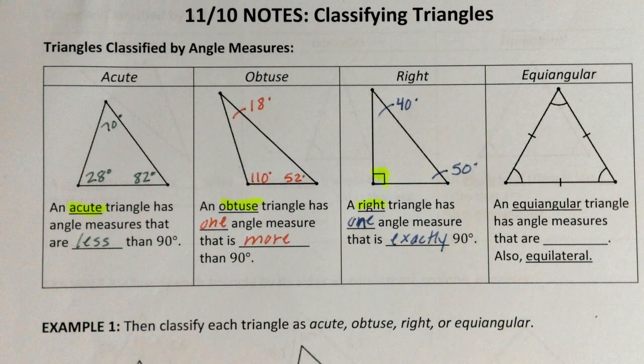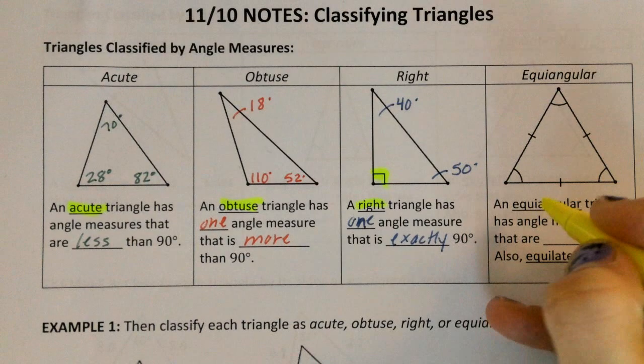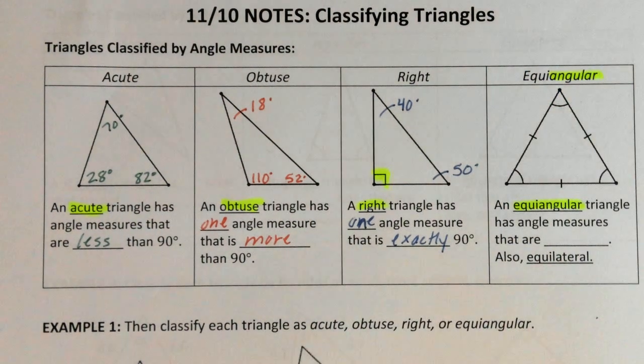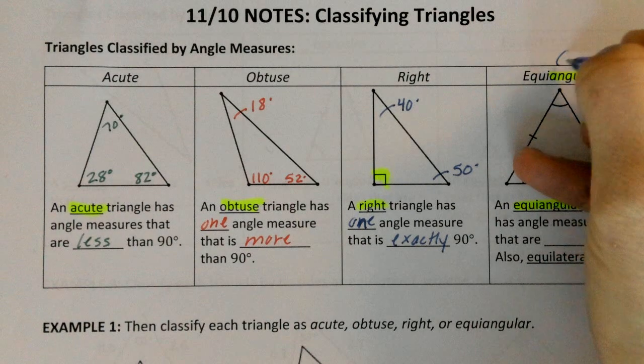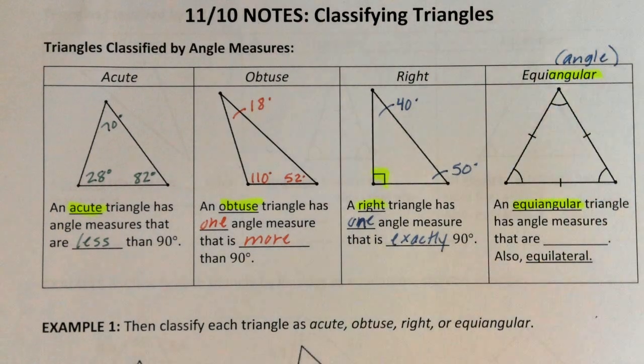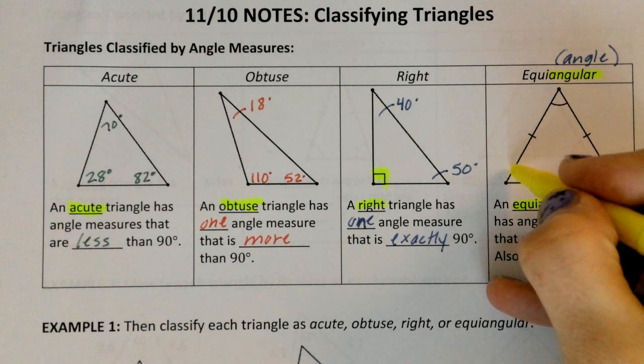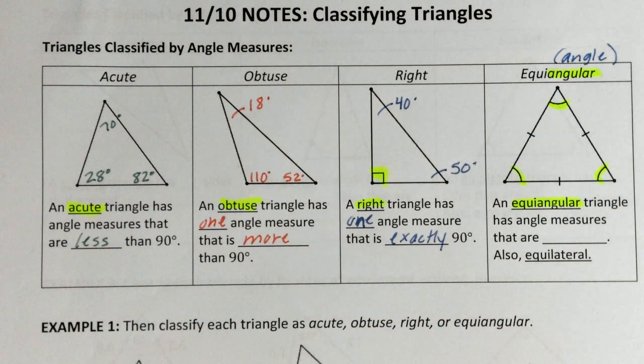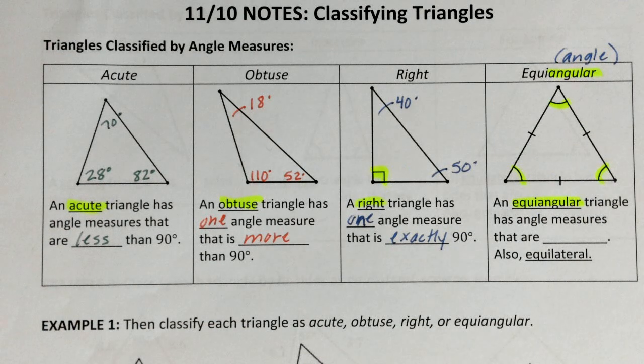These all should sound familiar, but now we've got this new thing called an equiangular triangle. Equi meaning equal, angular meaning angle. So this angular part is just talking about your angles. You're going to notice these congruent markings we talked about with angles. They're all three going to be exactly the same measurement.